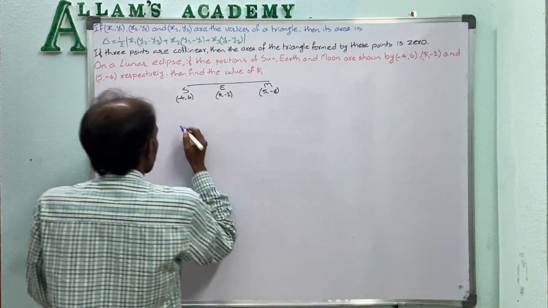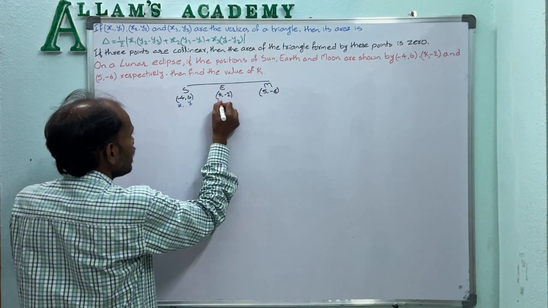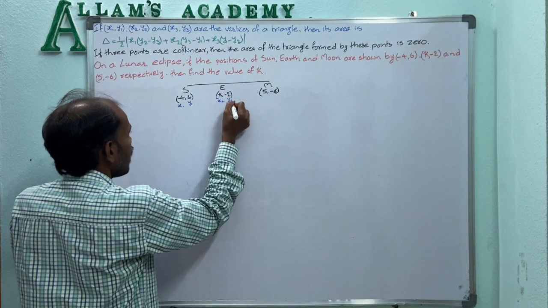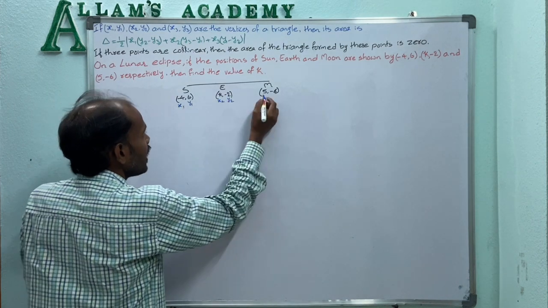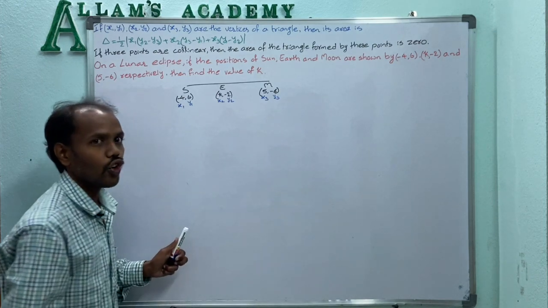So minus 4 comma 6 are the x1 y1 coordinates, k comma minus 2 are the x2 y2 coordinates, and x3 y3 are the 5 comma minus 6 coordinates.